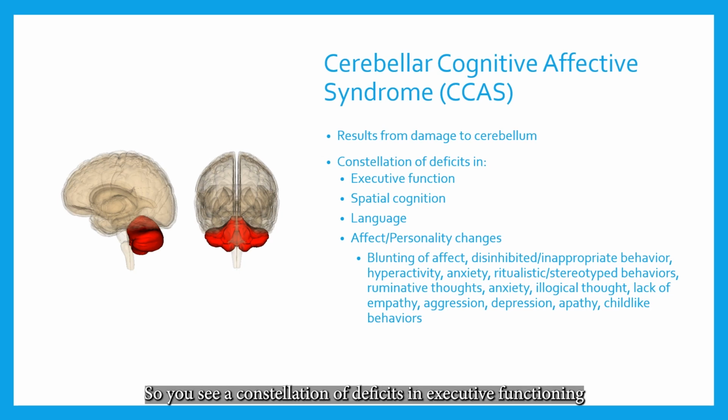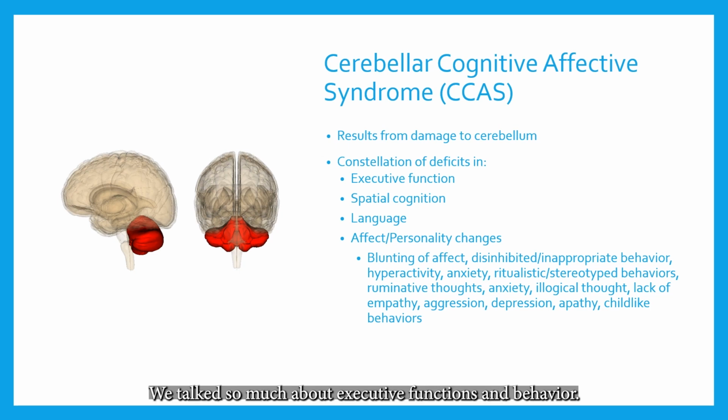So you see a constellation of deficits in executive functioning, as well as spatial cognition, language production, and affect and personality changes. This can be quite broad, including blunting of affect, disinhibition and hyperactivity, appearing almost like mania, ritualistic stereotyped behaviors, lack of empathy, depression, childlike behaviors.